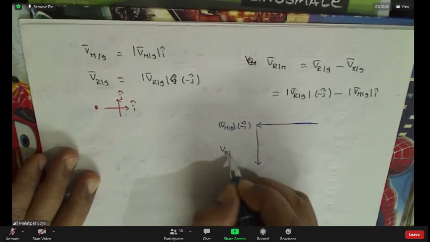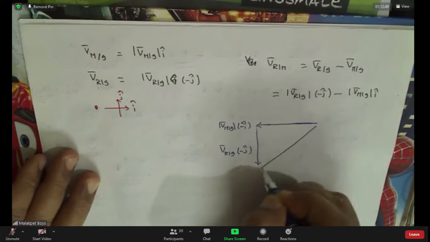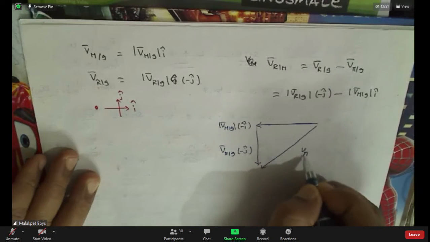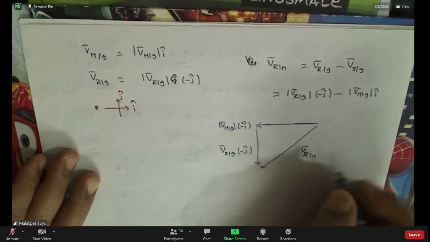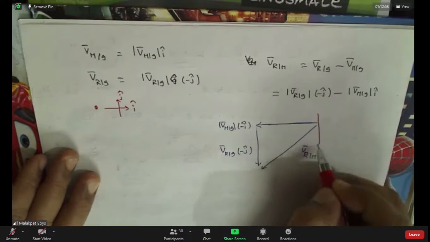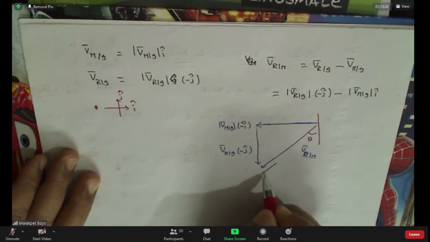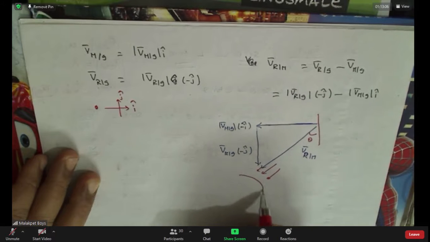Vector sum of this, so this will be the vector. We will say what is the angle made with the vertical. This is theta. That means the rain tends to flow in this direction, so you keep the umbrella like this.